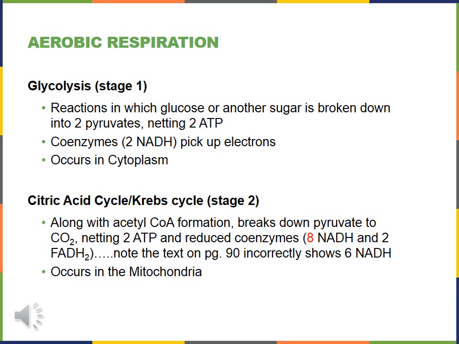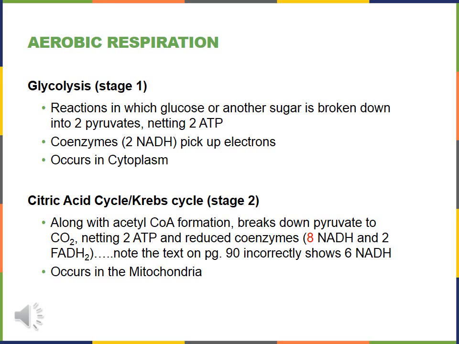There are reactions in which glucose or another sugar is broken down into 2 pyruvates and will release 2 ATP molecules. Coenzymes, in this case 2 NADH molecules, will pick up the electrons and then transfer them into the citric acid cycle or the Krebs cycle, however you want to think about that.